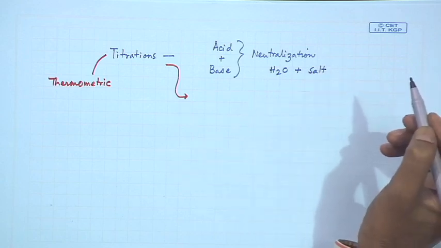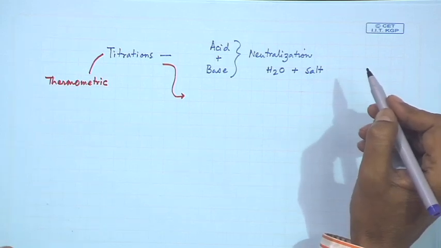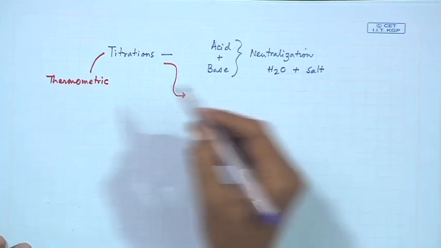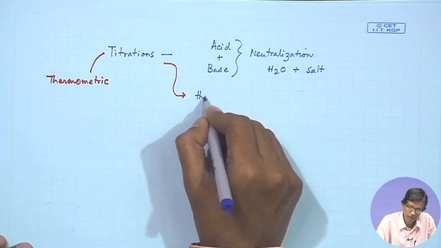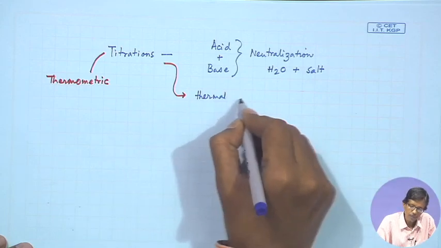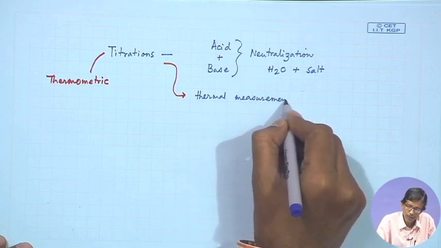So, we can detect the end point by knowing the corresponding color change for the indicator added to that reaction. But in this case we go for thermal measurements.